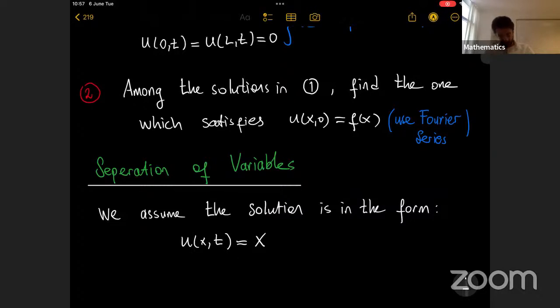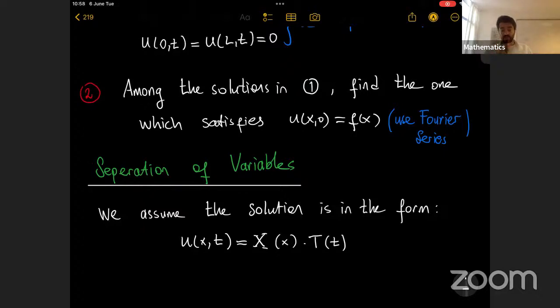Here X is a function of small x, times T is another function of time. The first one is a function of the location, the second one is a function of the time, and we write these two as separate functions. That's why we call it separation of variables.